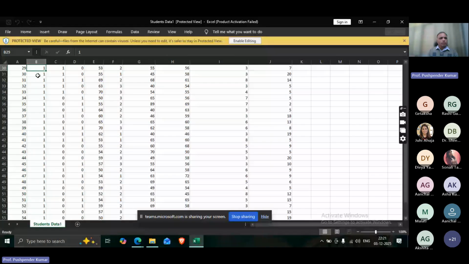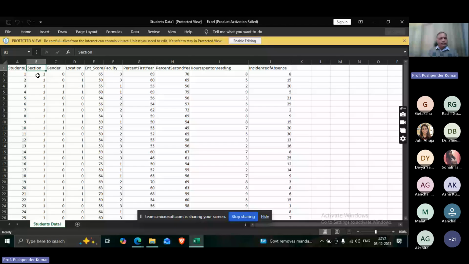Then we have gender, male and female, location, 0, 1, right? So forget about student ID and section. So first gender, second location, third faculty, right? So these 3 are categorical variables.